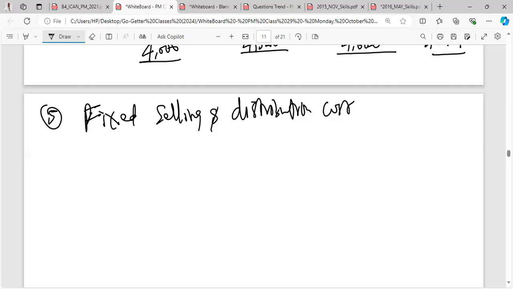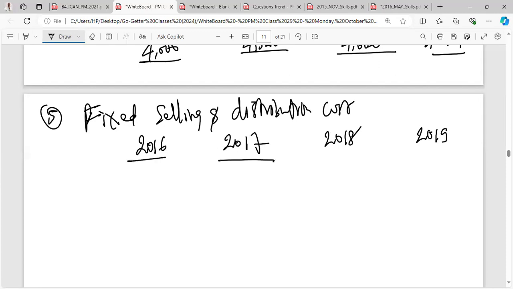So this is supposed to be 2016, 2017, 2018, and 2019. So this is the costs. So this is 2000.